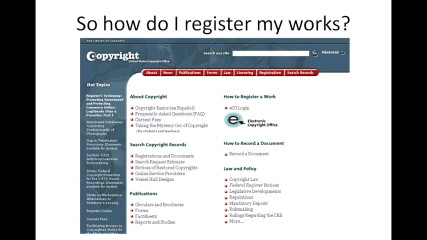So if you have a real question about what it takes to record an assignment, you can look at that there. If you have questions about what it takes to record a particular kind of work, likely they have a circular or a brochure explaining that particular issue.